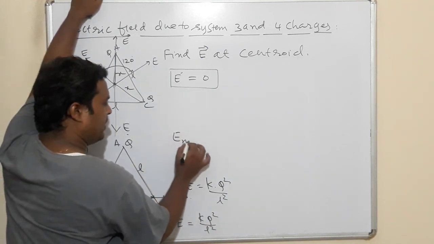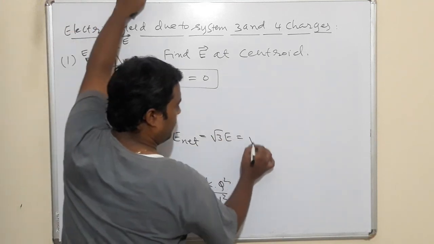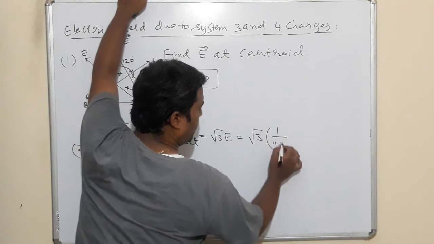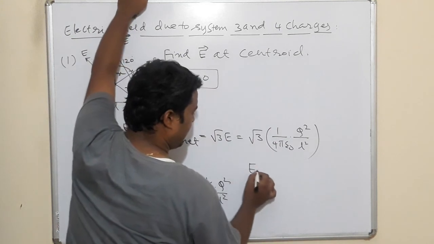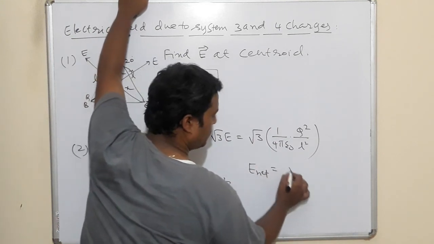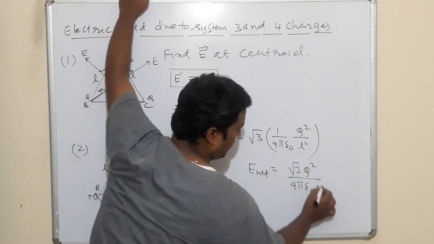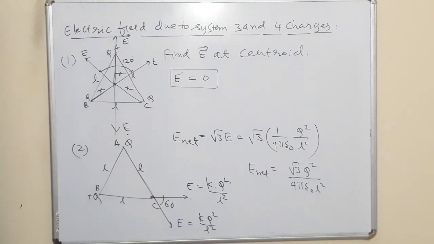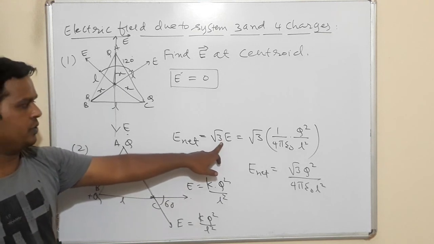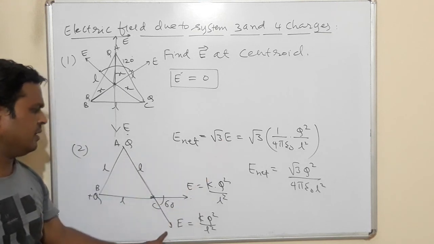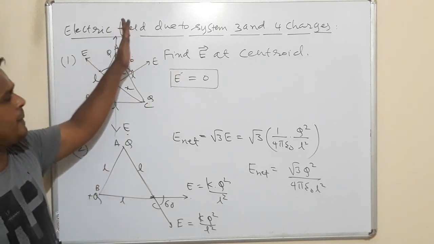Then the resultant vector E net will be equal to root 3 E. Then this will be root 3 into 1 by 4 pi epsilon naught q square by L square, or E net at point C will be equal to root 3 q square over 4 pi epsilon naught L square. Following? For E and E with angle 60, the resultant is multiplied by root 3. This is E, this is E. If the angle is 120, the resultant is also E. Okay? Make a note.